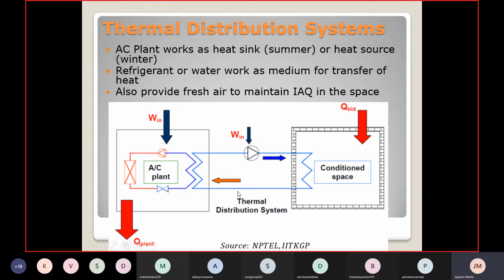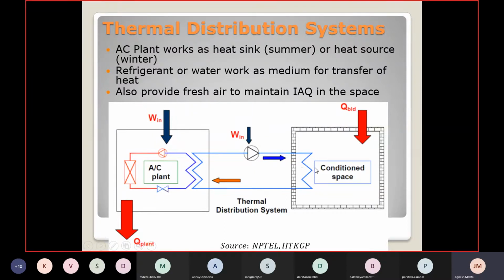And what will be the medium here? The medium of heat transfer which is used can be refrigerant itself or can be water. So if it is summer air conditioning, it will be chilled water, or it can be refrigerant also. Right. So a DX coil, if it is a direct expansion coil, can use the refrigerant itself.